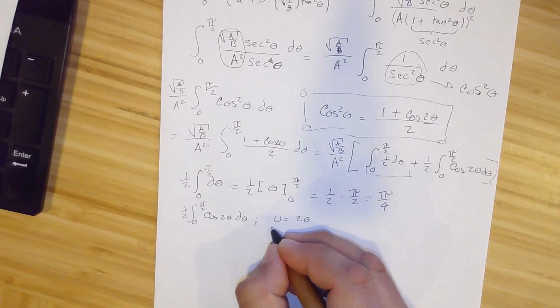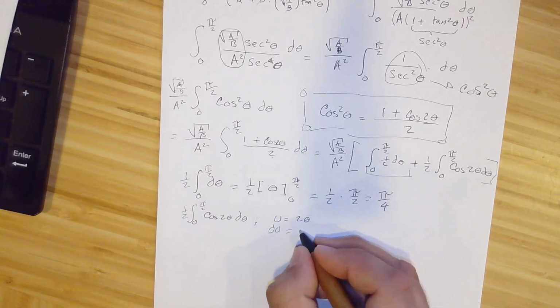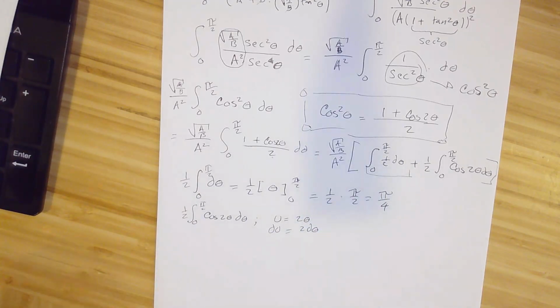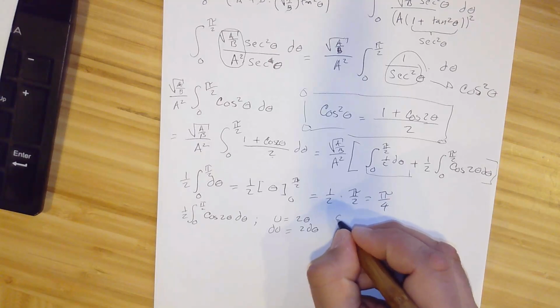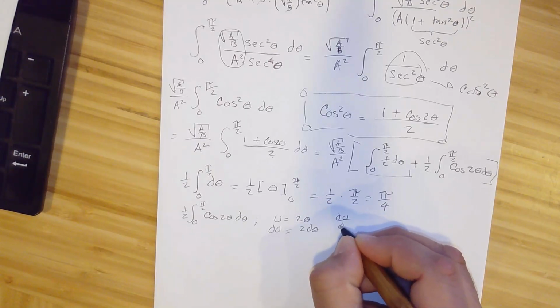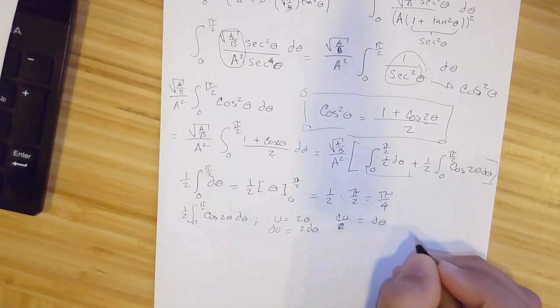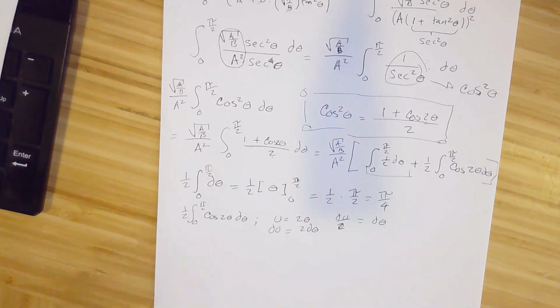The derivative of u will be 2 the derivative of theta. So this means that du over 2 will be the derivative of theta, right?